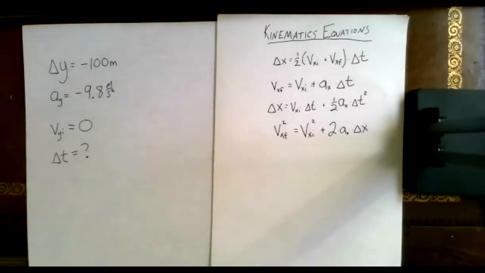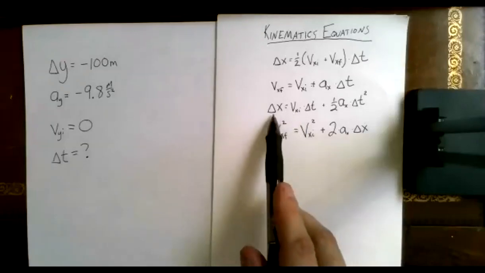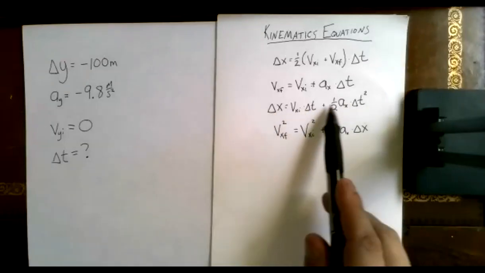Which of the kinematics equations has those symbols in it? It looks like it has all of them except for final velocity. The third one. Yeah, it's the third one that doesn't have the final velocity in it. So I'll copy that down.